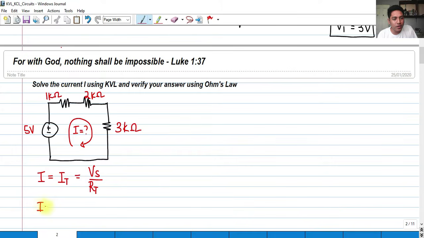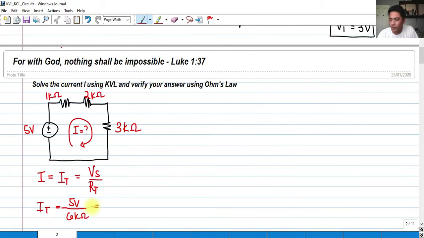So if we get the total current, first we use Ohm's law, then KVL. The total current would be 5 volts over the total resistance, which is 1 kilo ohm plus 2 kilo ohms, that's 3 kilo ohms. 3 kilo ohms plus 3 kilo ohms, that's 6 kilo ohms.